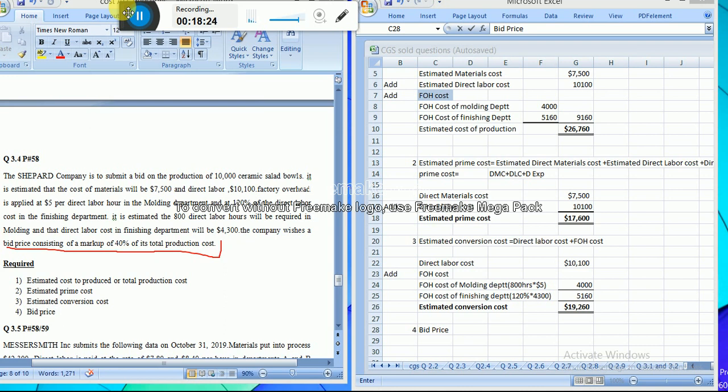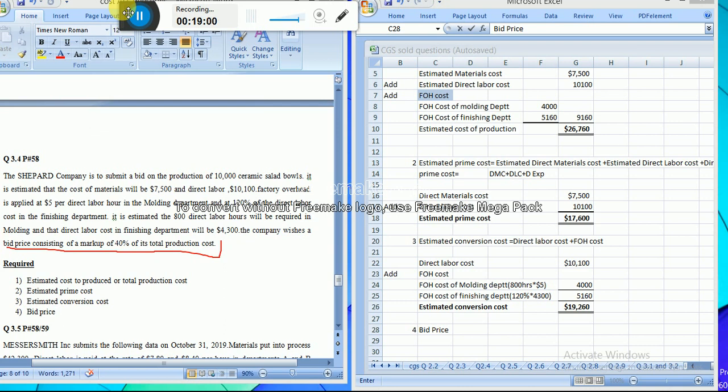The company says 40% will be the markup on the production cost. So cost price plus markup equals the bid price. Bid price means the price at which we will offer the goods for sale.